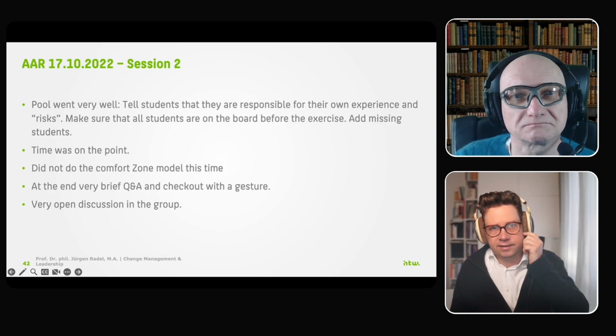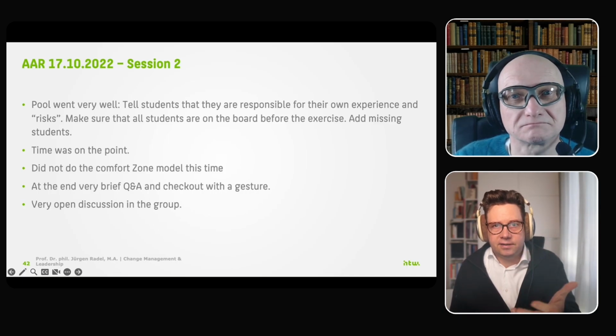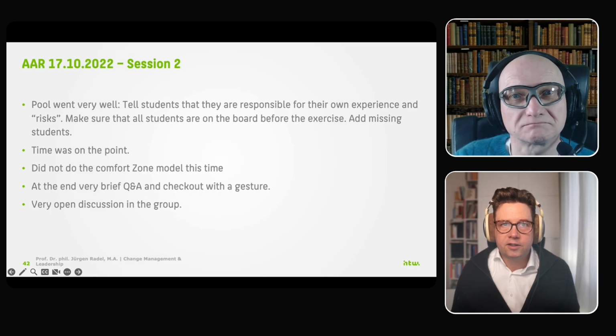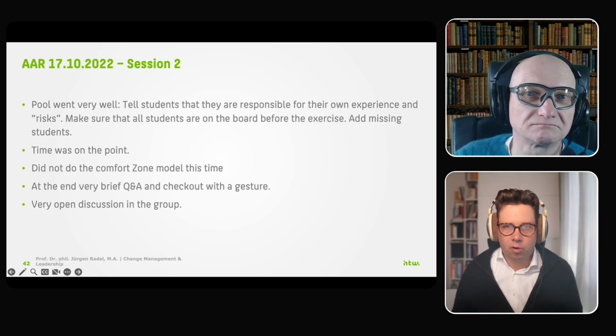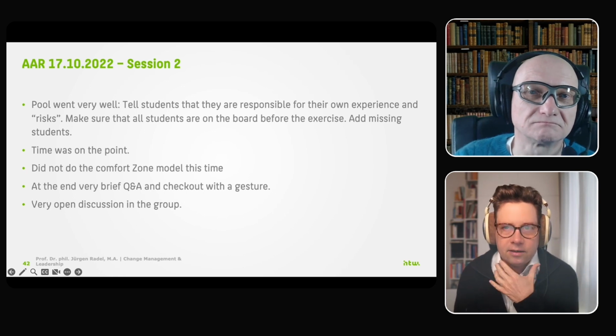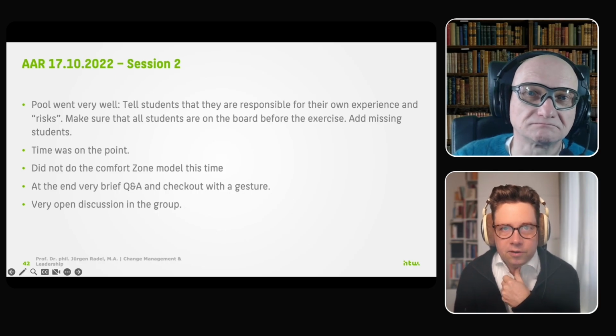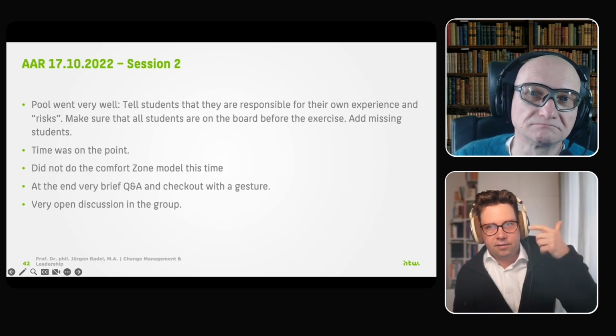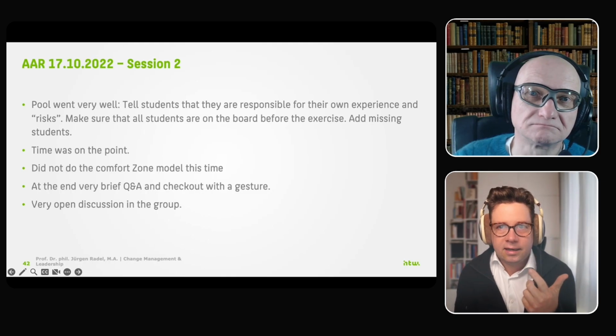And Roland, in this session, we said the pool went very well. We need to tell students that they are responsible for their own experience and risks. Make sure that all students are on the Miro board before the exercise. And if they are not, we are adding missing students, which is an interesting dynamic, because if students don't put themselves on the board, thinking in psychodynamic terms again, what does it mean?